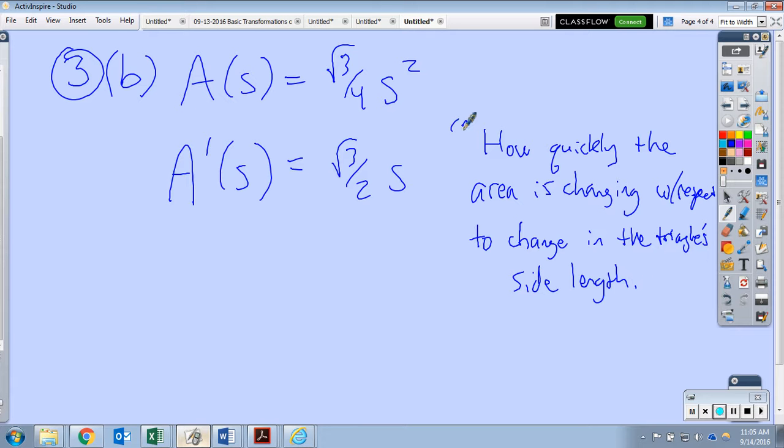That's what this is saying. How quickly the area is changing with respect to change in the triangle's side.